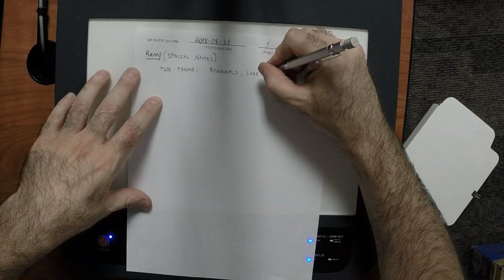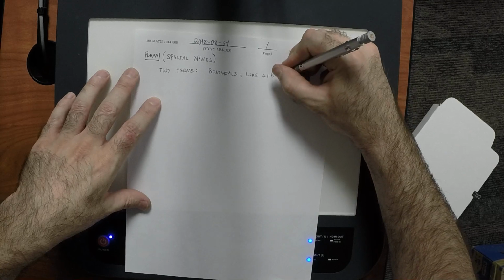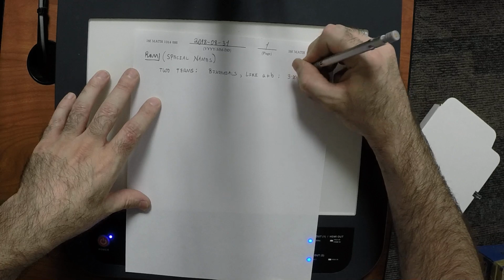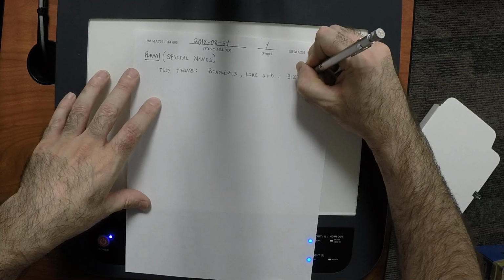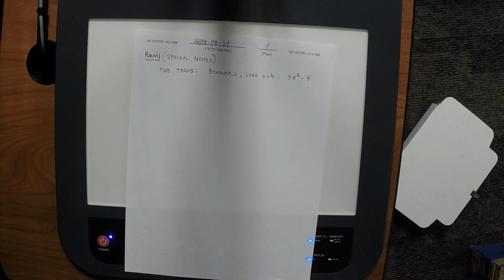Okay, and an example would be something like, say, 3x squared minus 4. Okay, that's a binomial because there's two terms there.